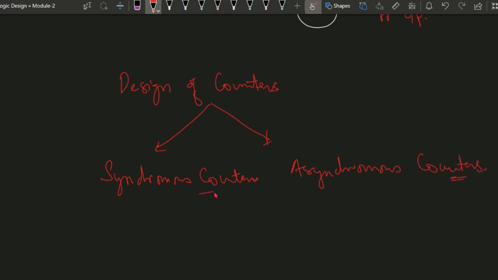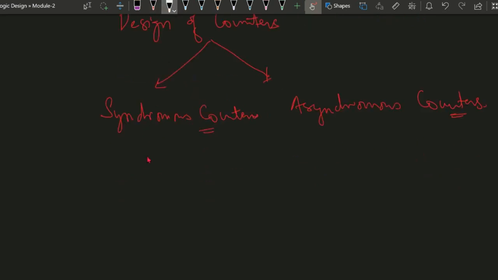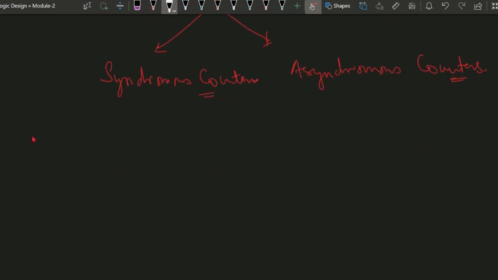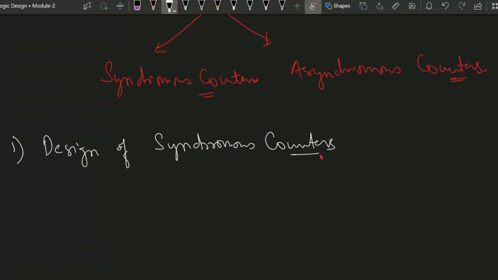One by one we will be looking. We will be starting with how we can design the synchronous counters. So first we will be looking at design of synchronous counters.